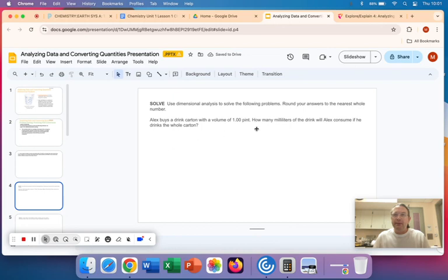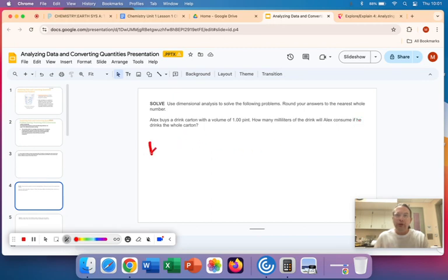I'm going to help you set this problem up and see if you can multiply and divide correctly to get the correct answer. So if Alex buys a drink carton with a volume of 1 pint, how many milliliters of that drink will Alex consume if he drinks the whole carton?